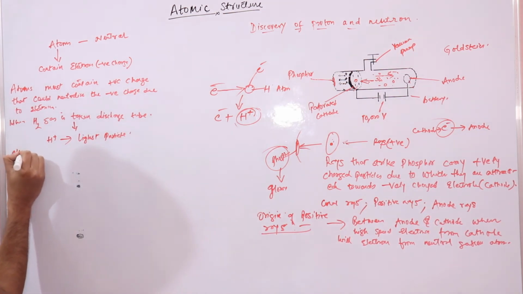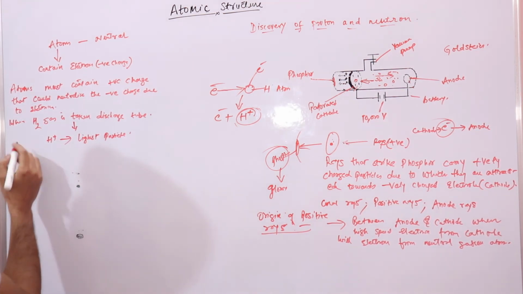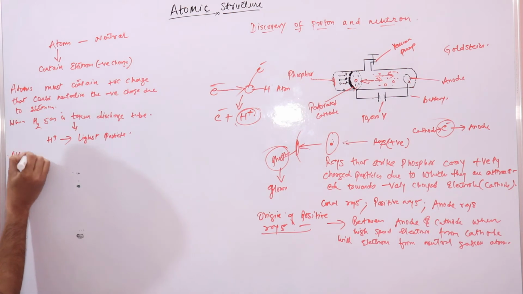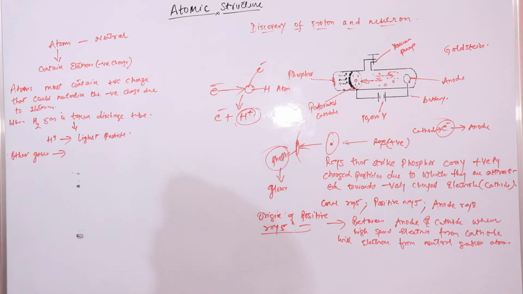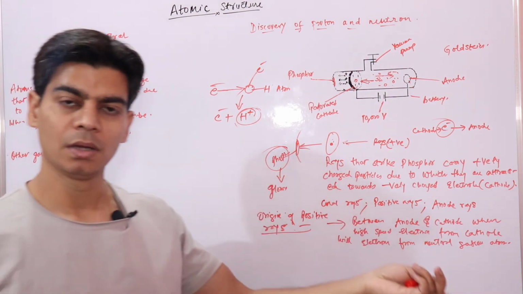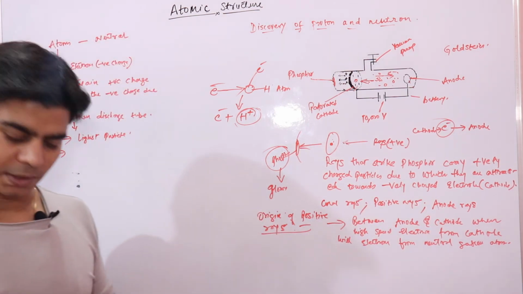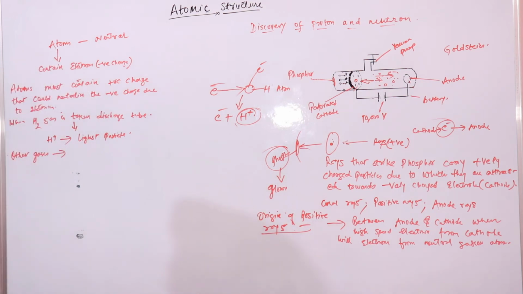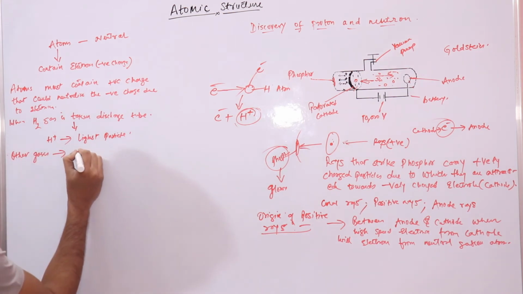Now when other gases were taken, the mass of their positively charged particles was found to be a whole number multiple of the particles due to hydrogen gas.